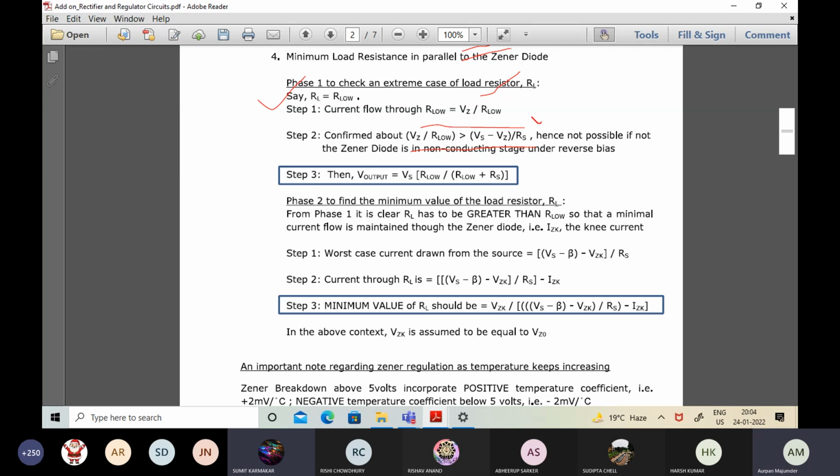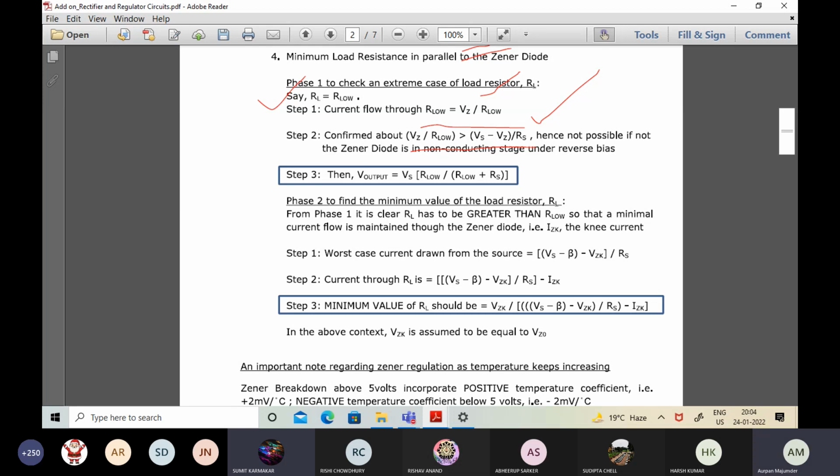The equation shared on the screen shows that the component current is becoming greater than the source current itself, because the right hand half of this inequality indicates the source current, and the left hand half indicates a component current, that through the load resistance. So that is not possible.